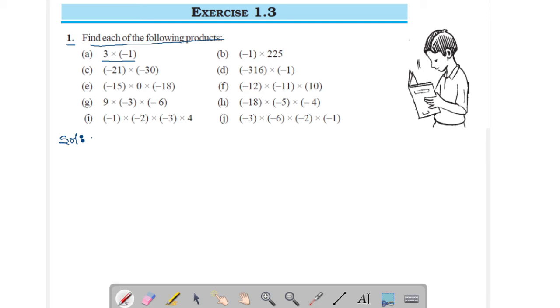Now come to G part. It is 9 into minus 3 into minus 6. Here let us multiply negative numbers together. This can be written as 9 into, write negative integers within big bracket, that is minus 3 into minus 6.